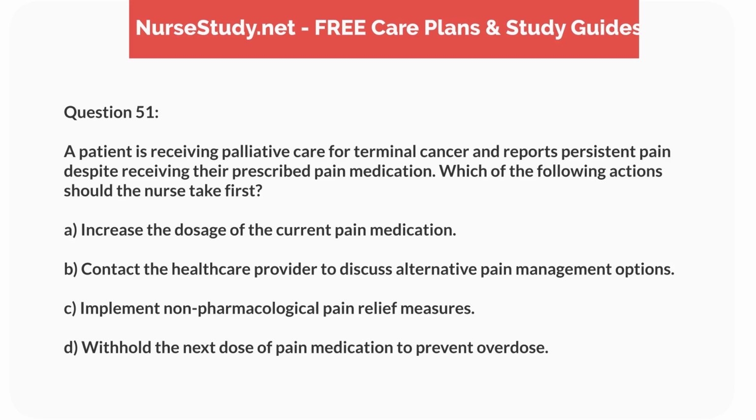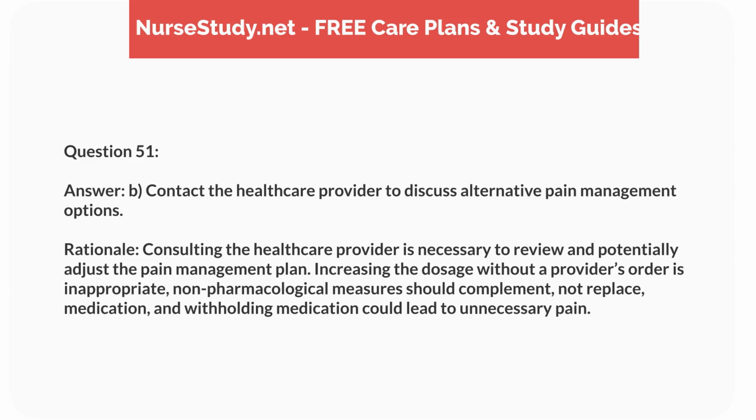B. Contact the healthcare provider to discuss alternative pain management options. C. Implement non-pharmacological pain relief measures. D. Withhold the next dose of pain medication to prevent overdose. Answer: B. Contact the healthcare provider to discuss alternative pain management options.